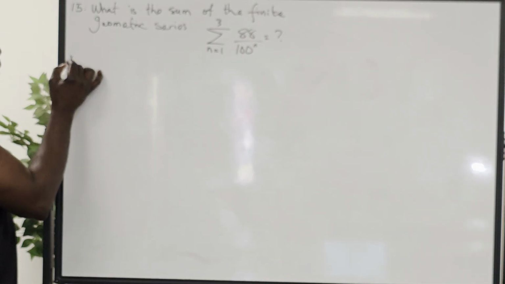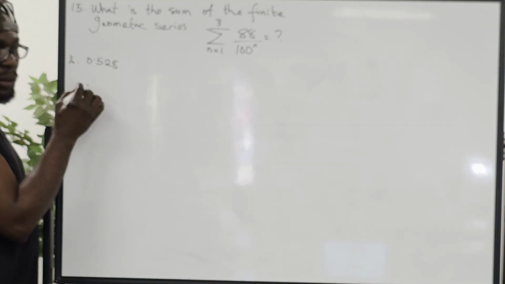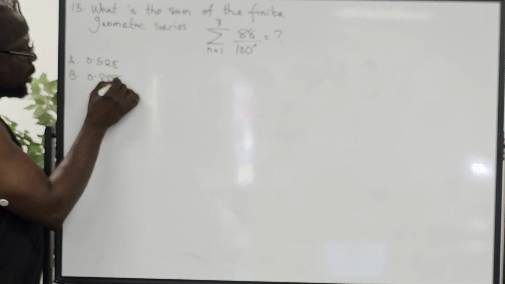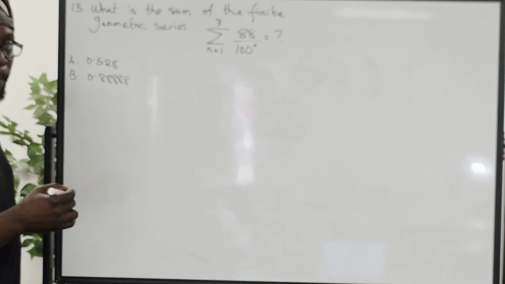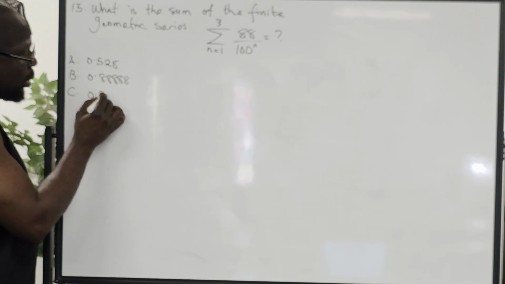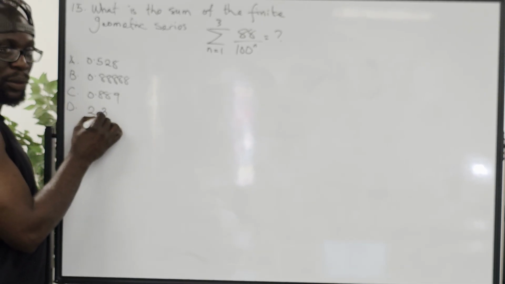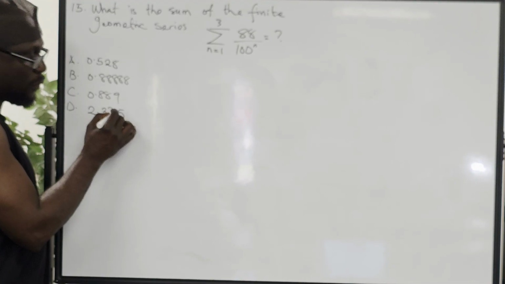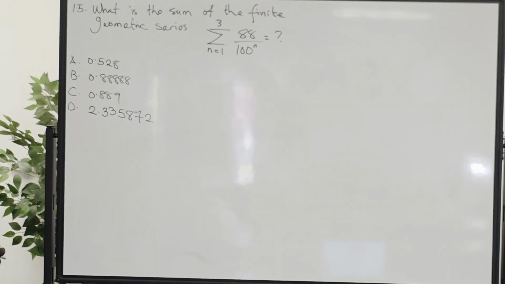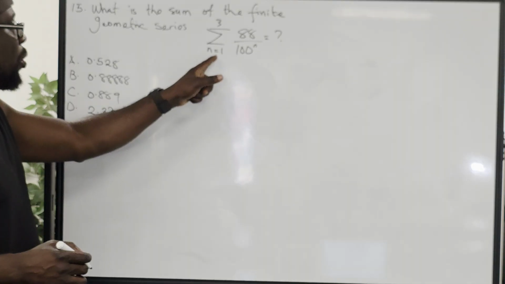Option A is 0.528, option B is 0.88888, option C is 0.889, and option D is 2.335872. So what this is just saying is that we need to sum these from 1 to 3, right?